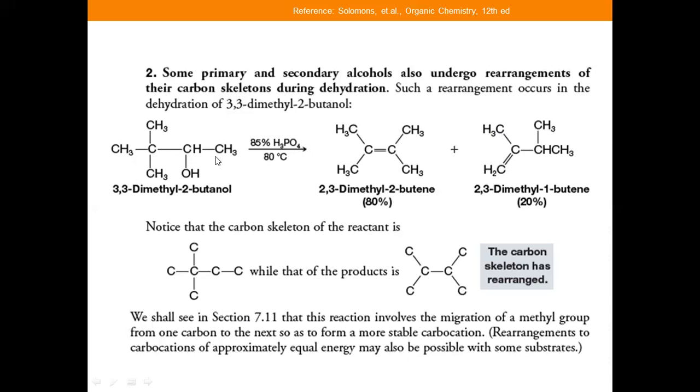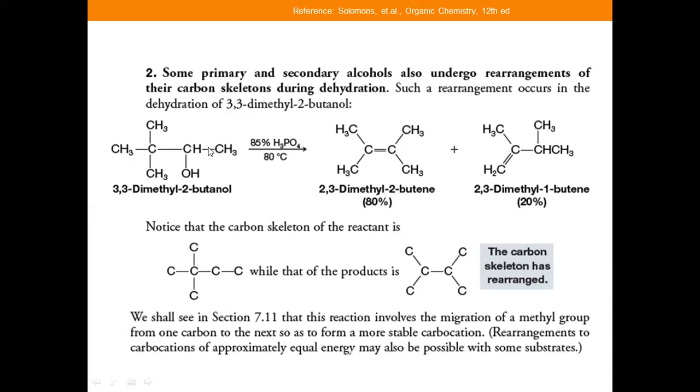You would abstract your proton with the base and get your double bond, but you see in here, you don't get that product. Instead, you have four carbons, and the main product should have been CH3, C, CH, with a double bond CH2 here.